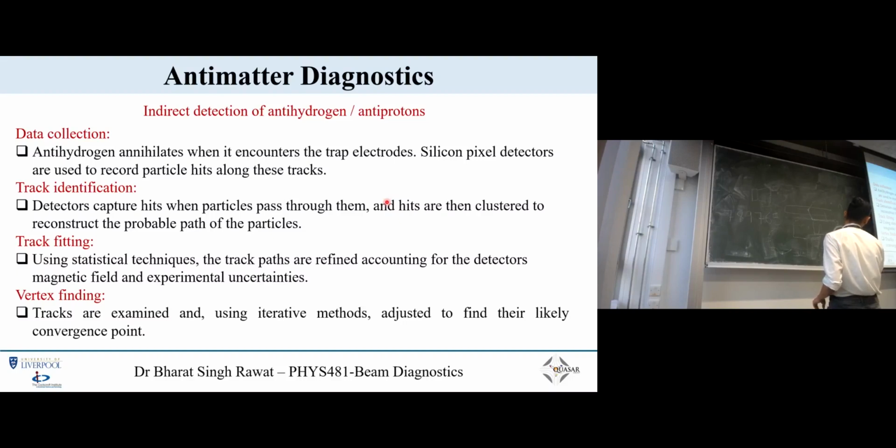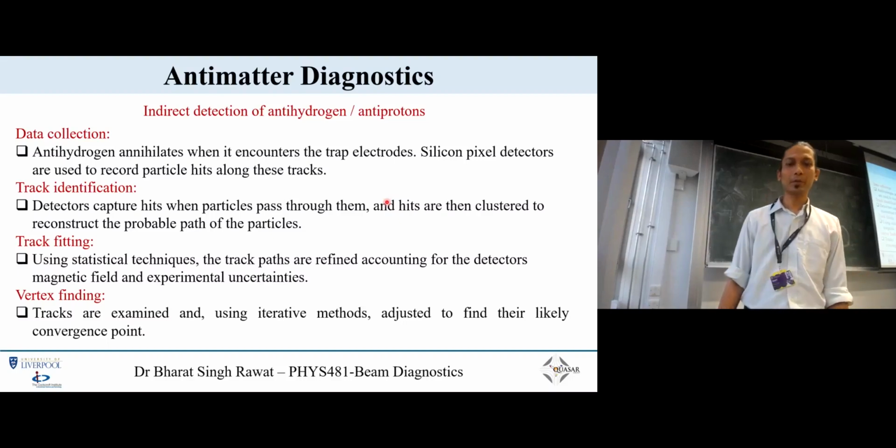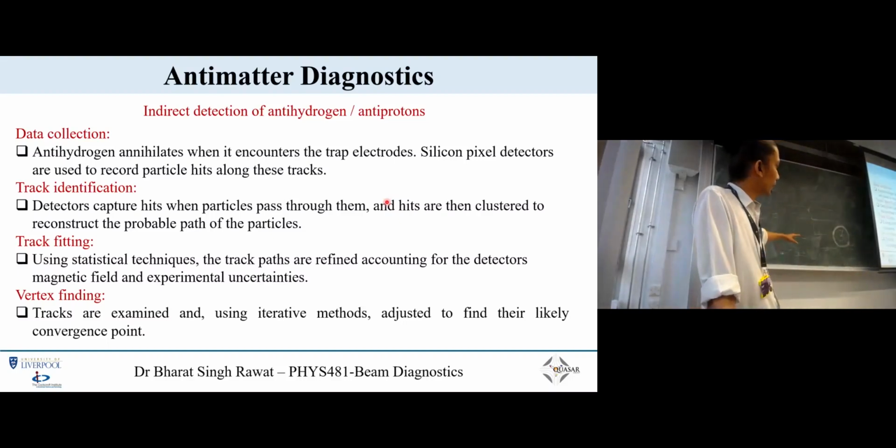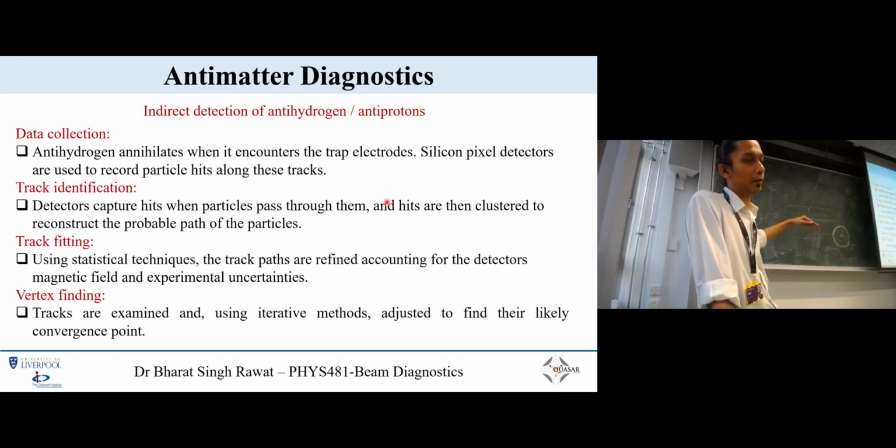So this is time, and this is the intensity at which it is detected, and you have these kinds of signals for different layers. You collect all this data and then group it. Different channels you group into different paths, and based on the time at which they arrive, you reconstruct the path of each particle.